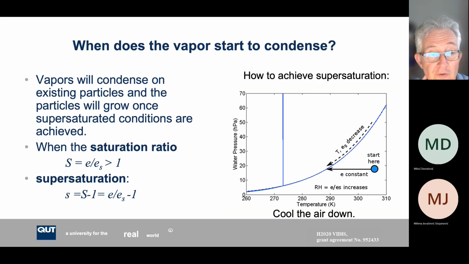This is valid for any vapor, and essentially this is how cloud drops are formed. But in our case, we'll mainly concentrate on condensing alcohol vapors, as they are the most commonly used in these cases. Vapors will condense on existing particles, and the particles will grow once supersaturated conditions are achieved.